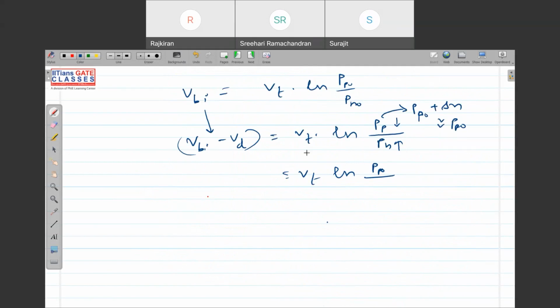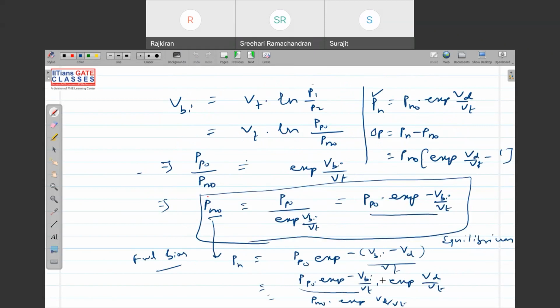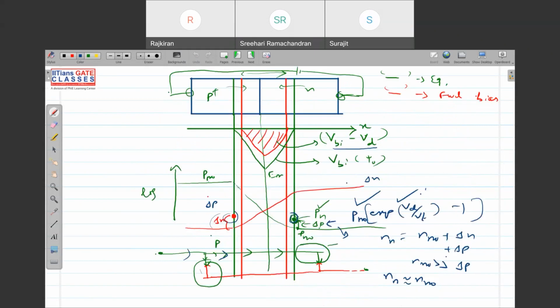But Pn will be equal to Pn0 plus del P. Del P is nothing but Pn0 into exponential of that one. So it will equal Pn0 plus del P. Del P is nothing but this one I have given. This is del P. Clear?